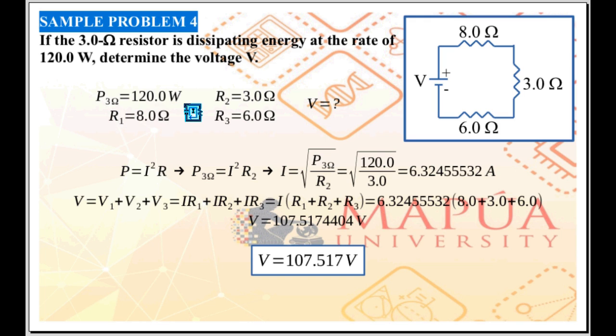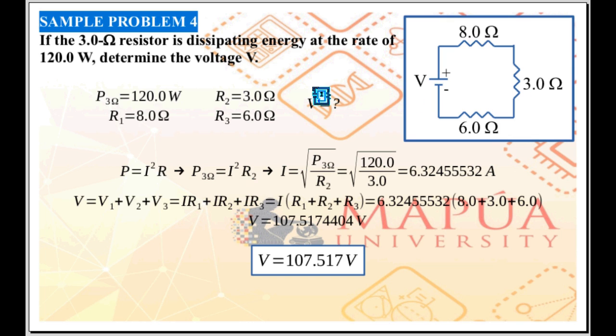Power dissipated by the resistor, we know the equation. There are 3 equations for power. One of them is P is equal to I squared R. Applying this equation to the 3 ohm resistor, you have P3 ohm is equal to I squared R2.